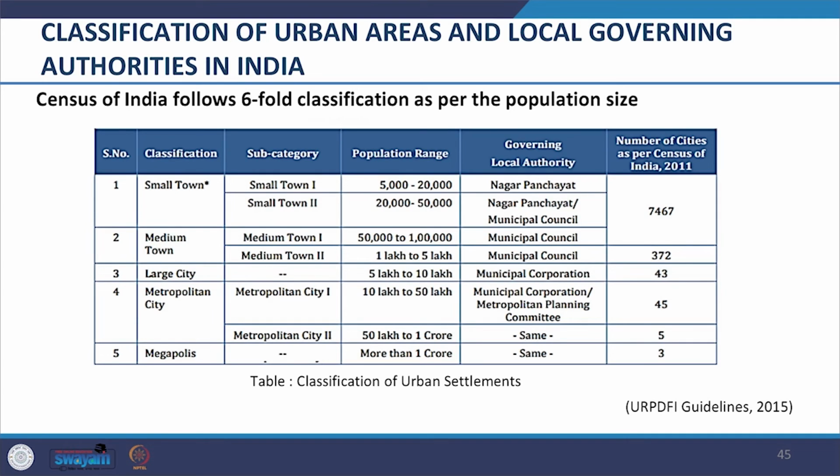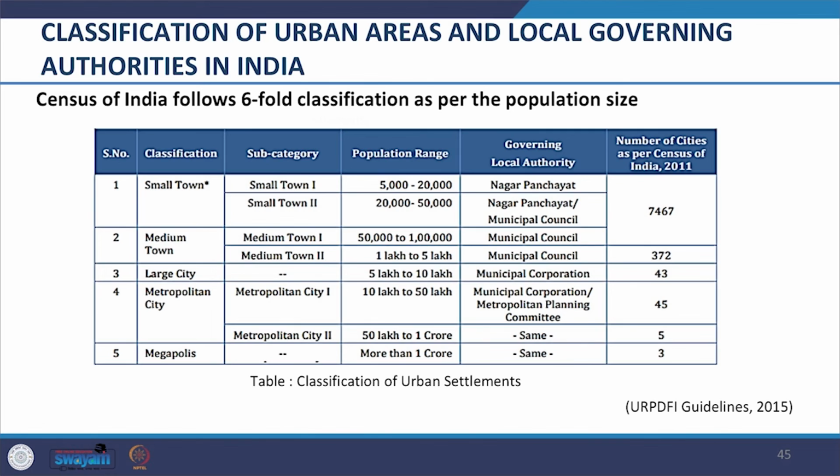We see large city, which is 5 lakh to 10 lakh population. They have a municipal corporation. You must have heard about the terms here. Then we see metropolitan city. We subclassify them as metropolitan city 1 and metropolitan city 2. We see 10 lakh to 50 lakh population. The metropolitan city has a municipal corporation or metropolitan planning committee.